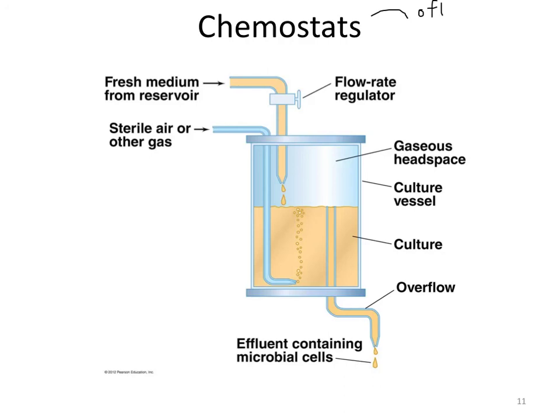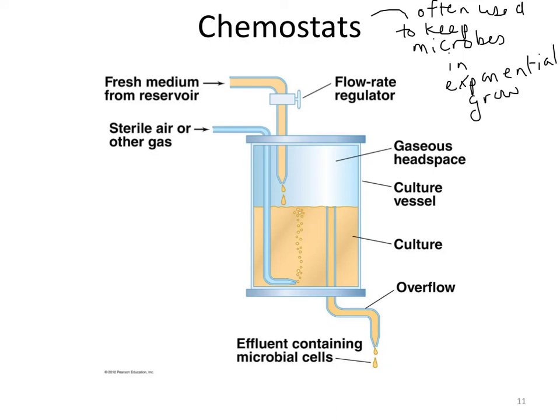So these are often used to keep microbes in exponential growth. And you might want to do that if you were in a pharmaceutical company or in a company that makes fine chemicals, for example, so that you could collect a maximal amount of some particular primary metabolite. You're using them to make something.